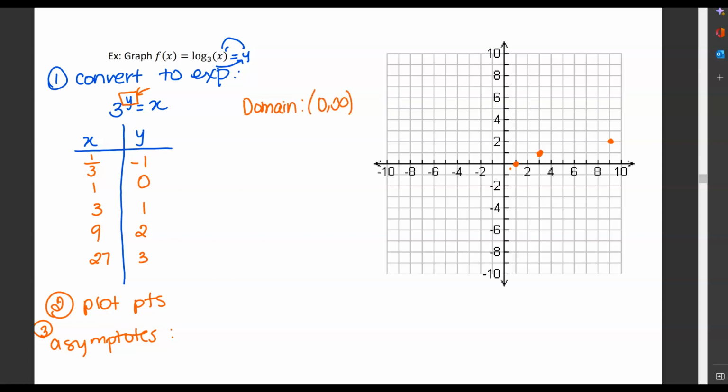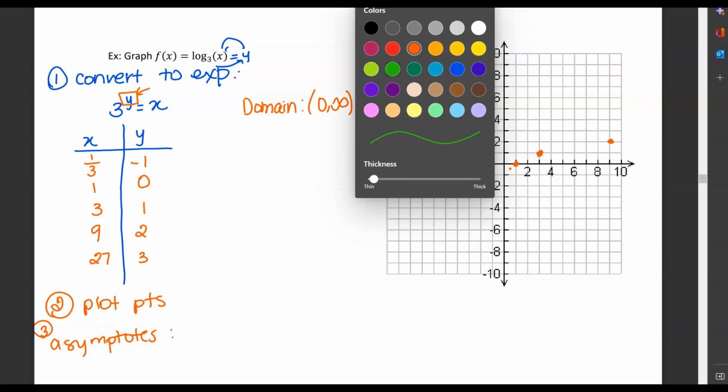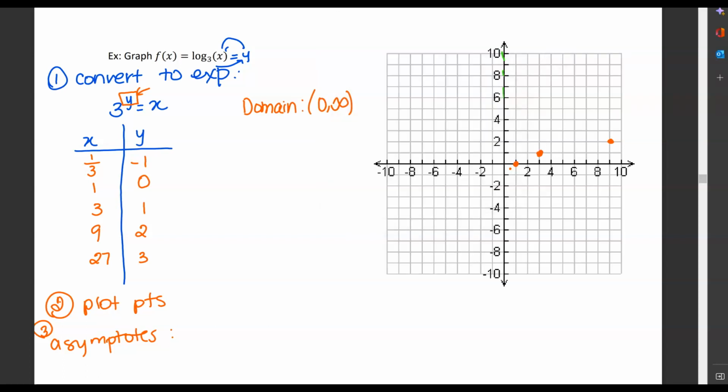So I am going to have an asymptote. Let's do it in a different color. I'm going to have an asymptote here at x equals 0. My function, though, is basically going to come and get really close to the asymptote. It's going to curve like this, and so keep on going.